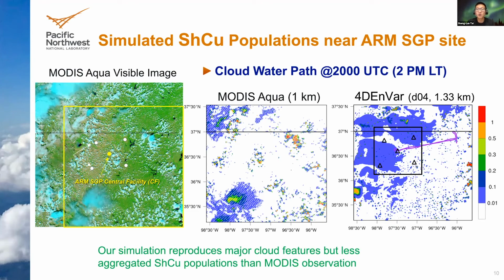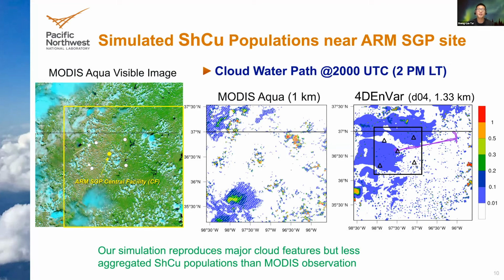The retrieval is at 1 kilometer resolution, and the simulation was at 1.33 kilometers, so they are quite comparable in terms of resolution. We were actually surprised that with 1.33 kilometer resolution, we can reproduce the major cloud features in this domain.